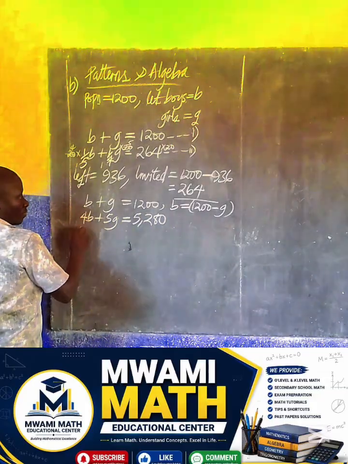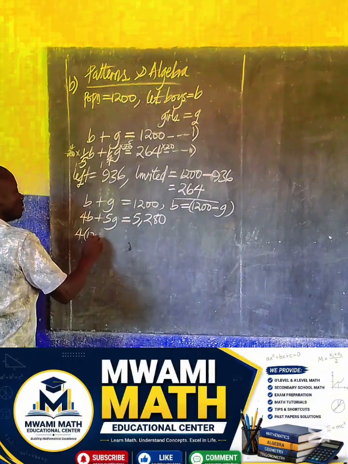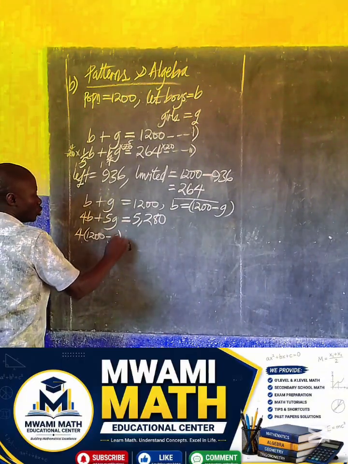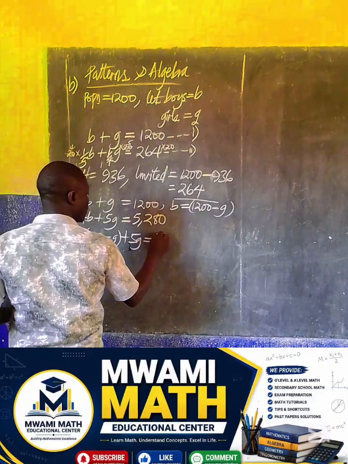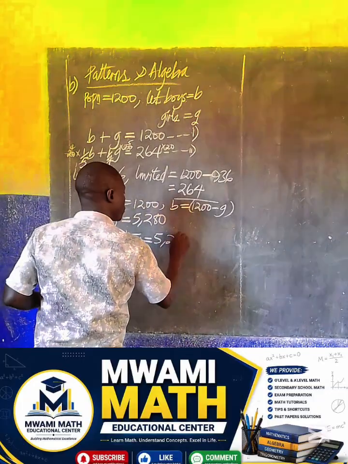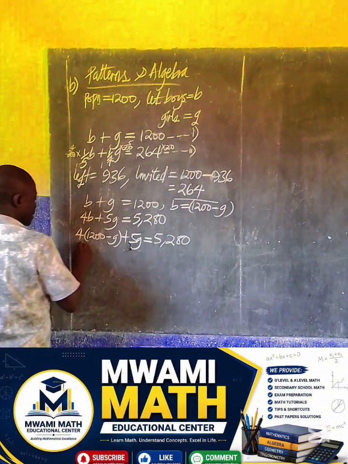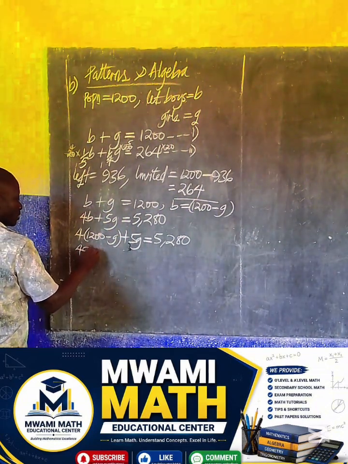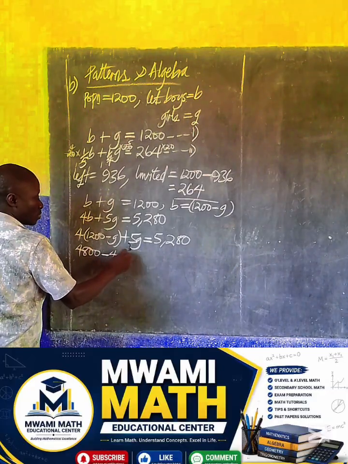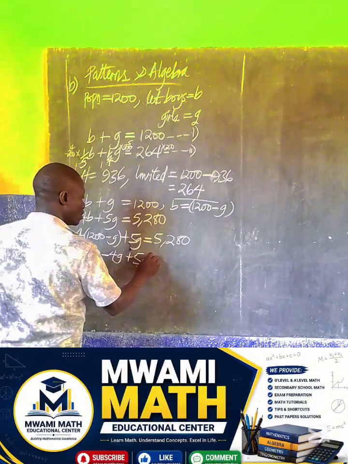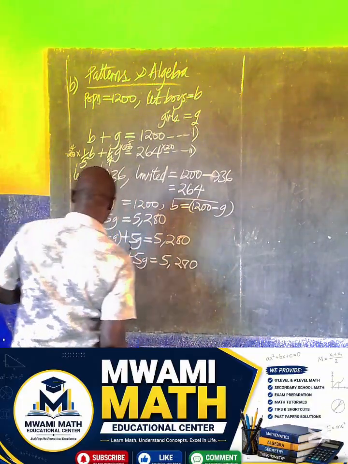So we shall have 4 into 1,200 minus G, plus 5G gives 5,280. 4 times 12 is 48, so 4,800 minus 4G plus 5G will give us 5,280.